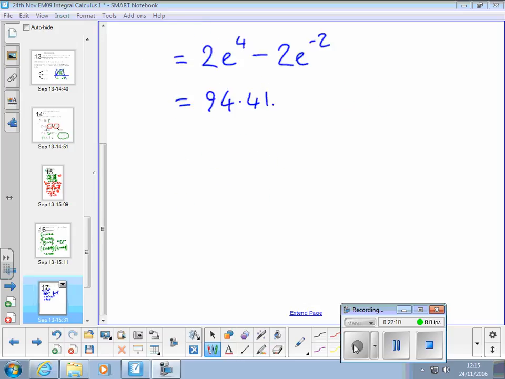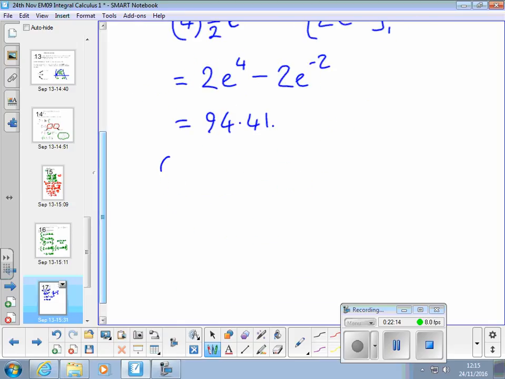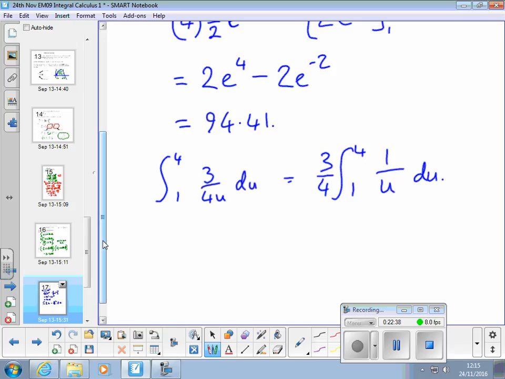And then the second one, we've got integral between 4 and 1 of 3 over 4u du. That can be written as 3/4 outside the integral, 4 and 1 of 1 over u du.